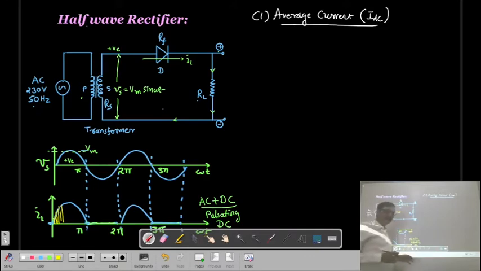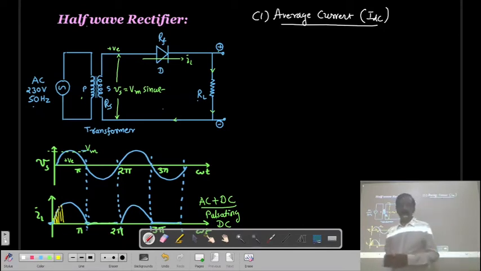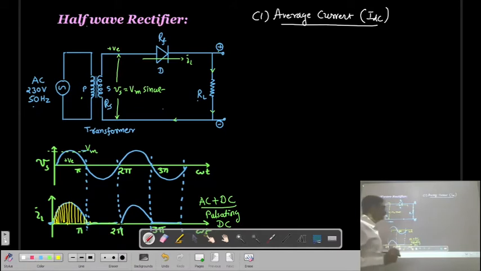In mathematics, if this is a continuous function, then you can take the summation by taking the integration. Again I repeat, we have different values of the load current, IL1, IL2, IL3, IL4, IL5, and we are finding the summation of all these currents for one complete cycle. That summation we can do with the help of an integration.